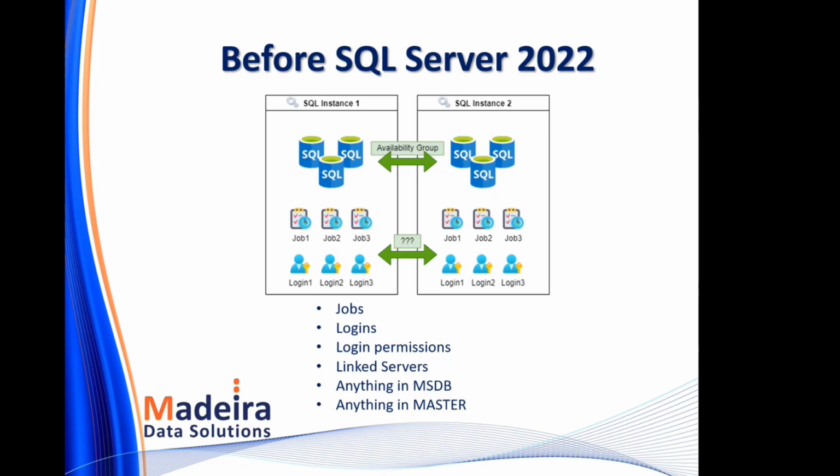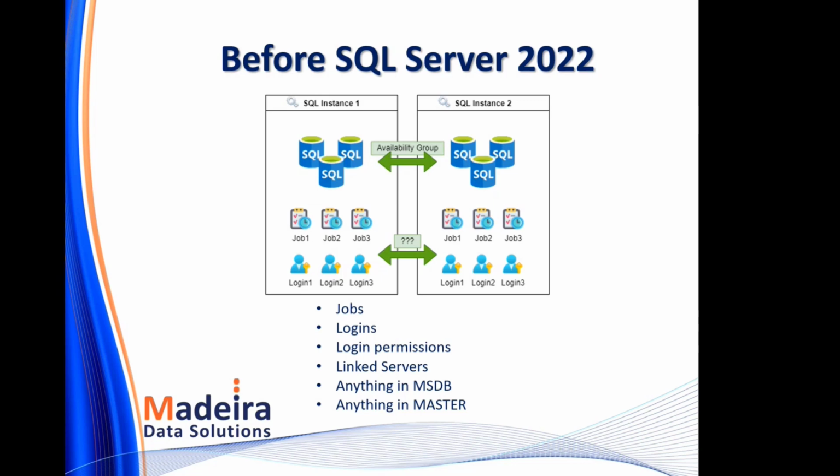Same thing goes for jobs. Let's say a job has its database context as one that is involved in an availability group, and this job needs to do some kind of data modifications, so it has to run on the primary replica because the database on the primary replica is writable.